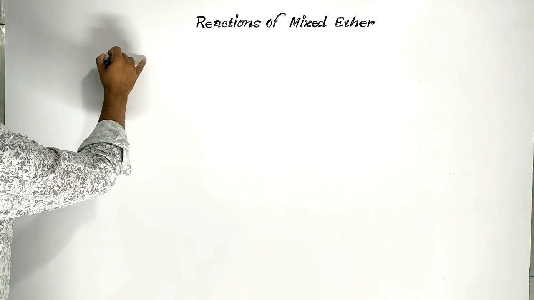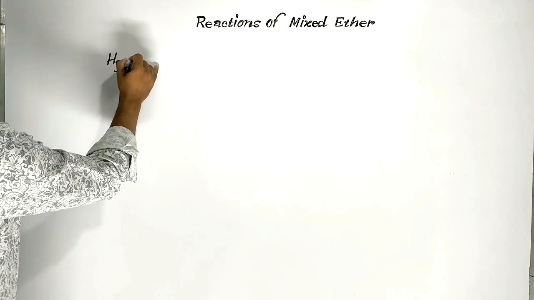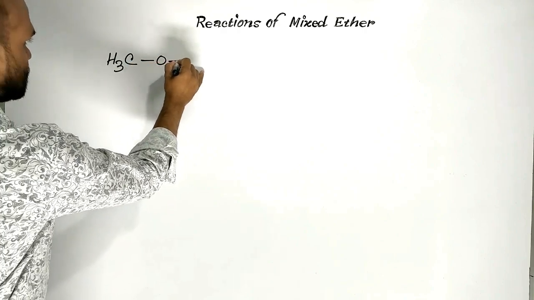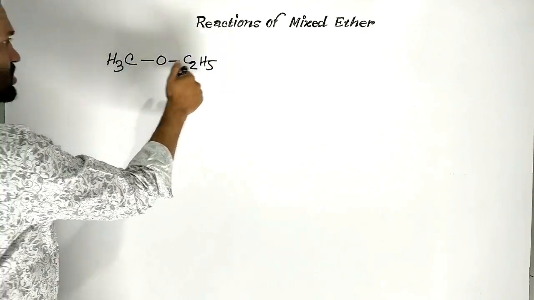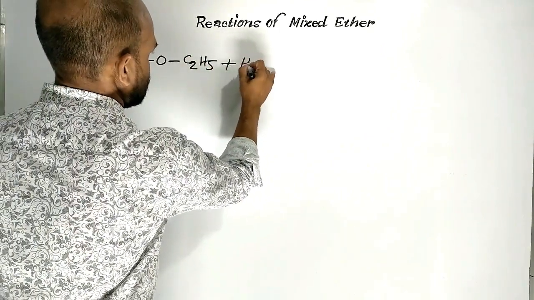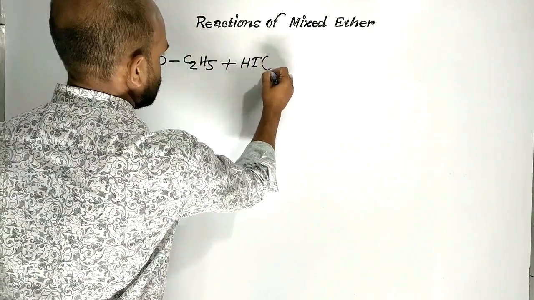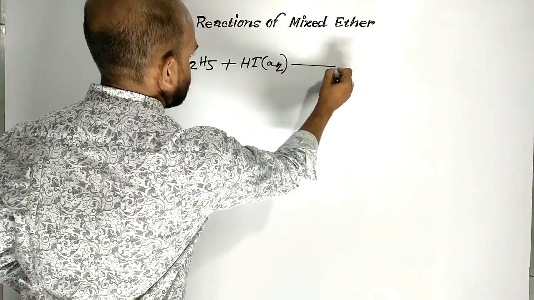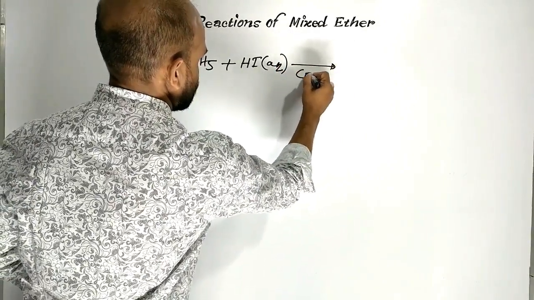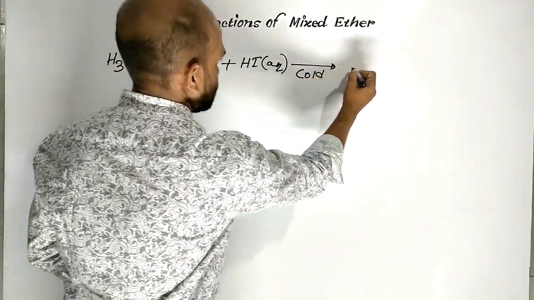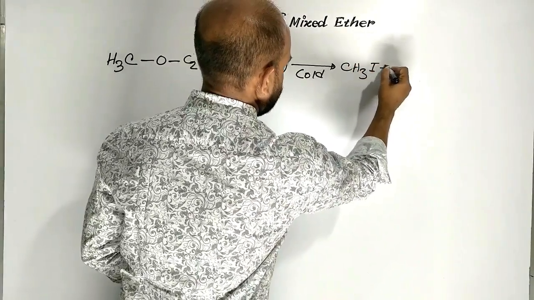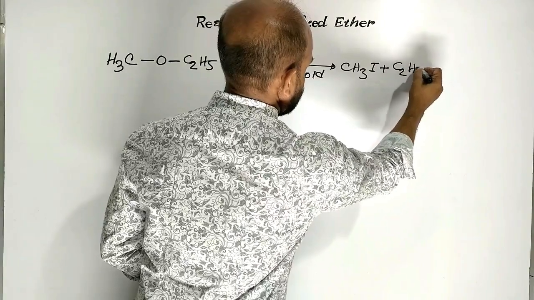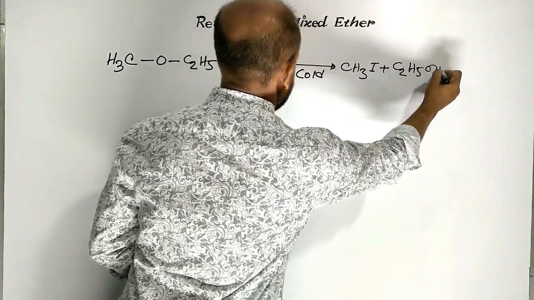First reaction is methoxyethane, hydroiodic acid in cold condition. Then products are methyl iodide and ethanol.